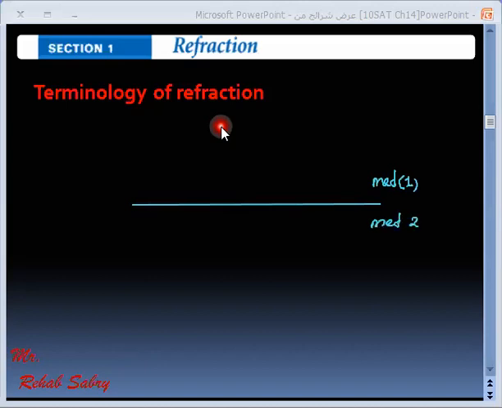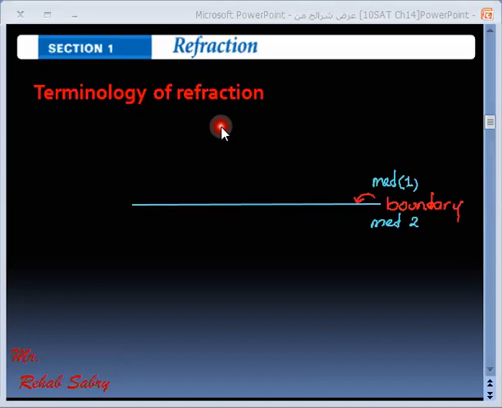So the first term that we will use is the boundary. This is the boundary. So the surface of water, for example, is the surface that makes the limit between the two mediums.